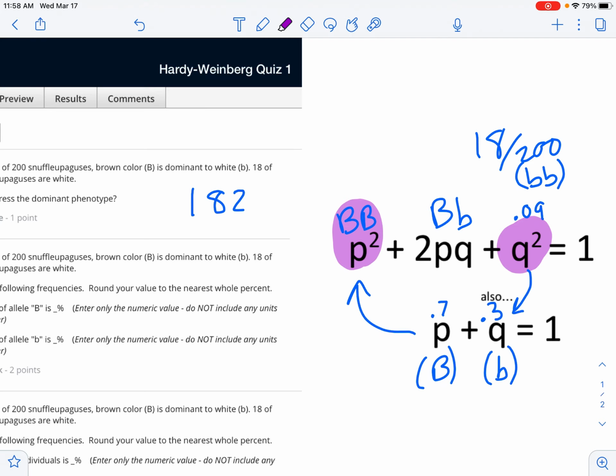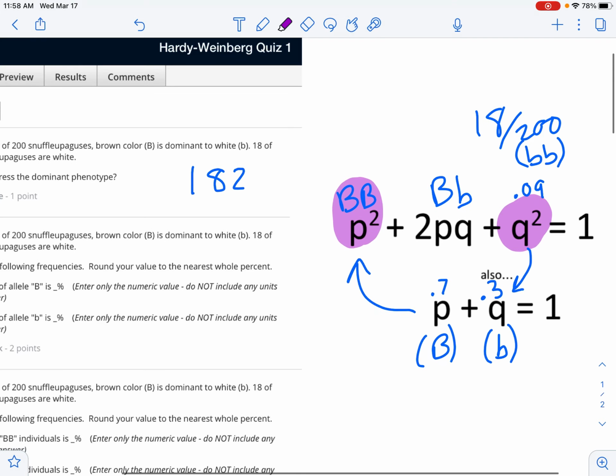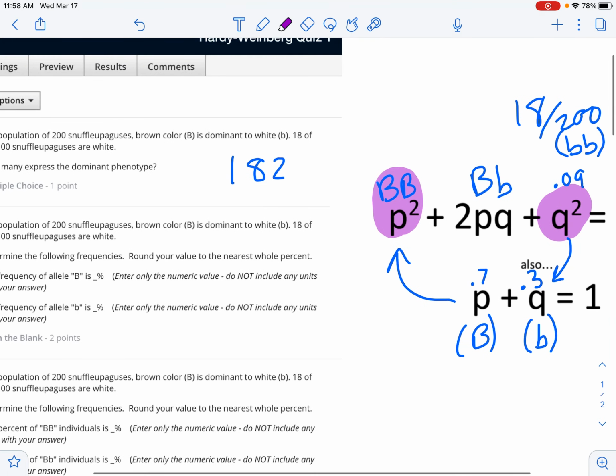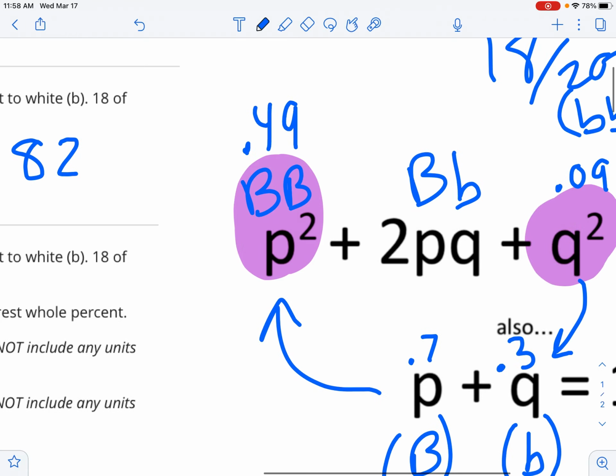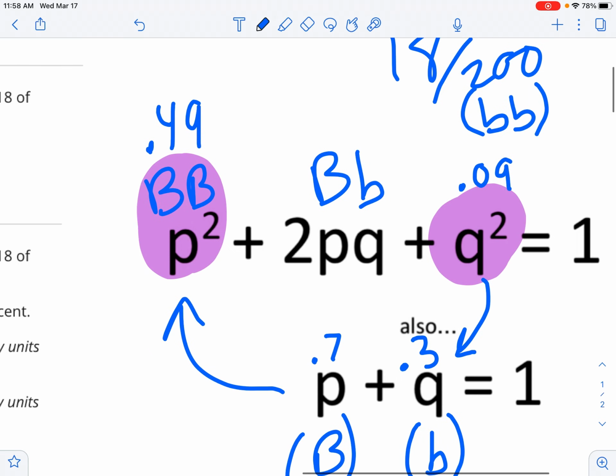We square it. 0.7 times 0.7 is 0.49. Now, if we know everything else but the heterozygotes, we take the difference of 1. So 0.49 plus 0.09 is 0.58, and so this must be 0.42, and that would equal 1.